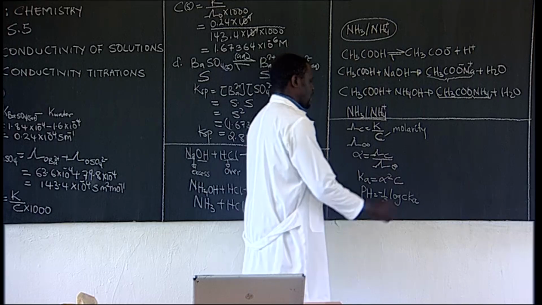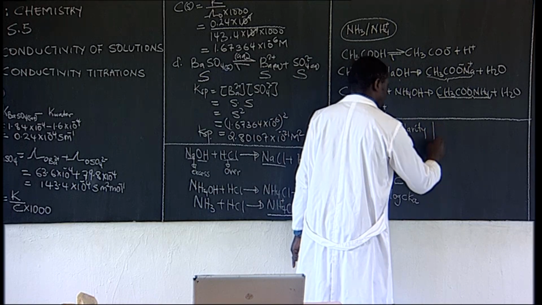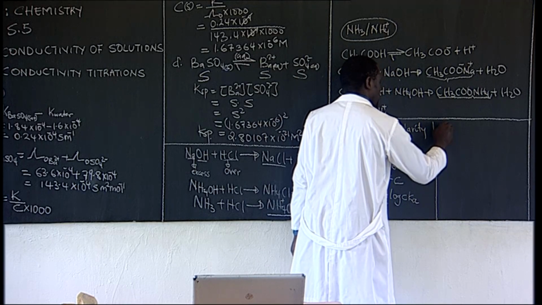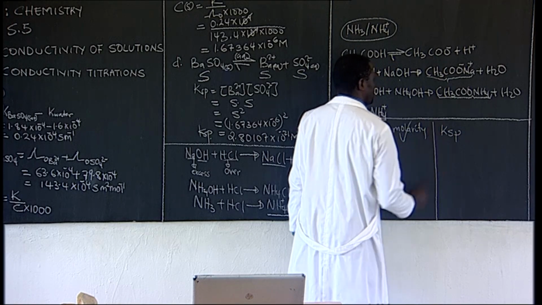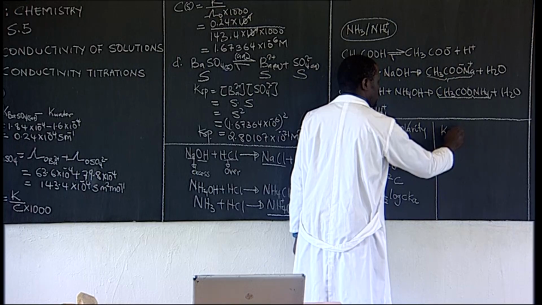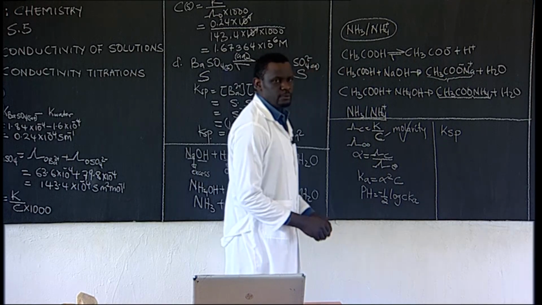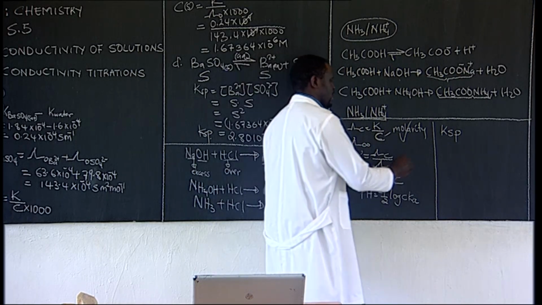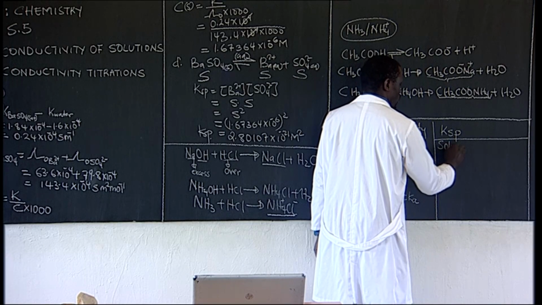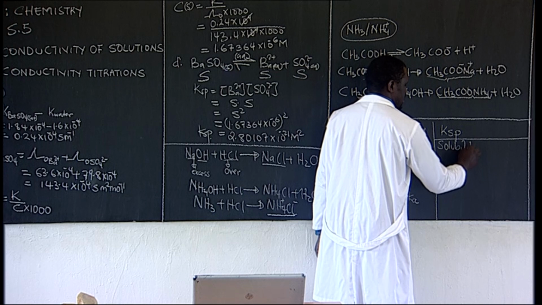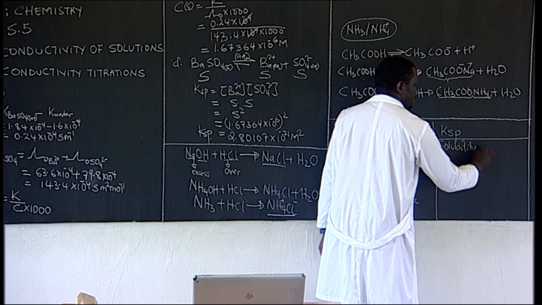Then again, as we have talked about today, it can also help us to get the Ksp values. As long as you have the molarity, you can get the Ksp values. Before we get the Ksp values, we are supposed to get what we call solubility in moles per liter.